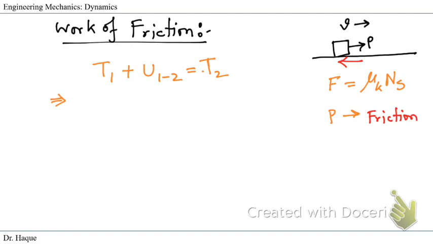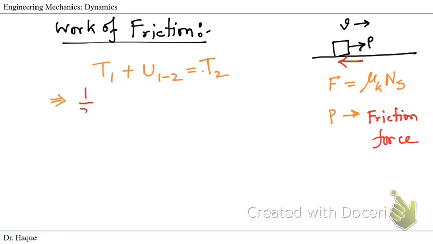So the applied force is equal to the friction force developed here. So there will be a fixed velocity v moving.